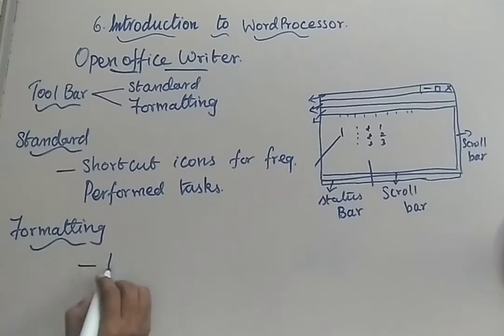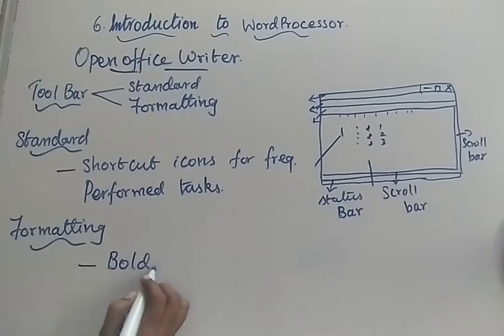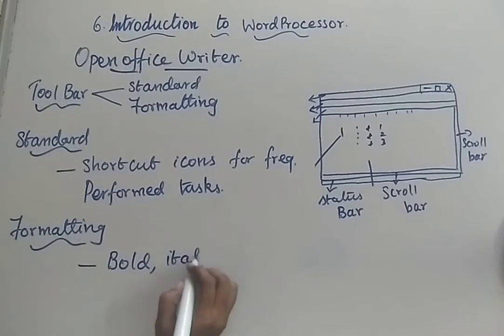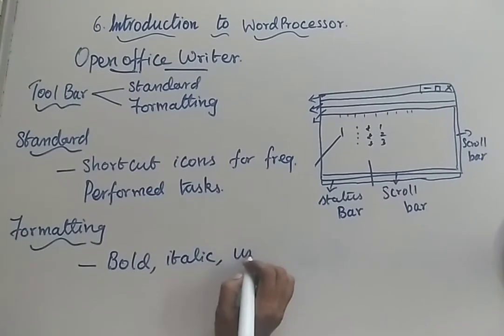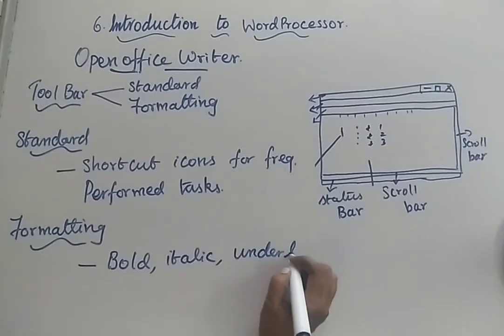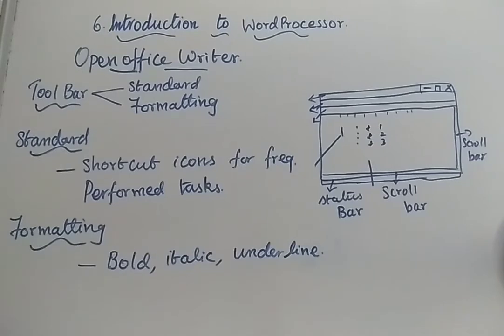What else can you do? Yes, you can have bold, italic, and underline. Whatever else you want to format, those types of icons will be displayed on the toolbar for you. Font color, like this, will be displayed.